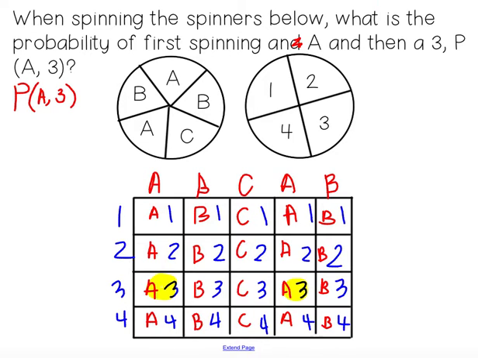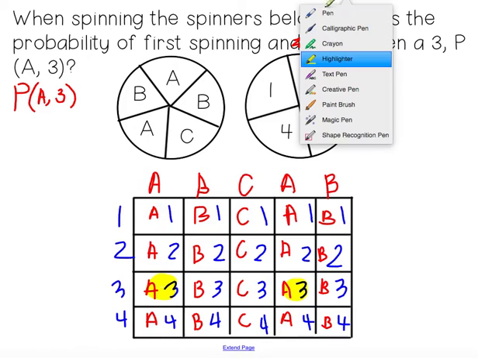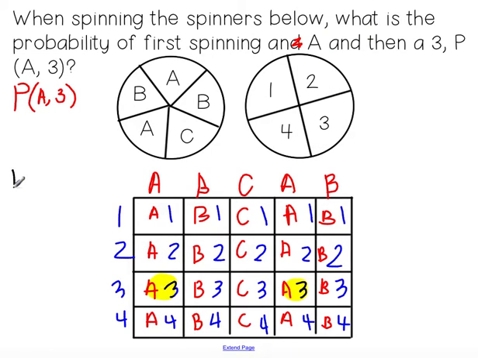So we would say for the probability of getting an A and a 3, we highlighted 2, so there's 2 out of, and then you want to find the total number of possibilities.